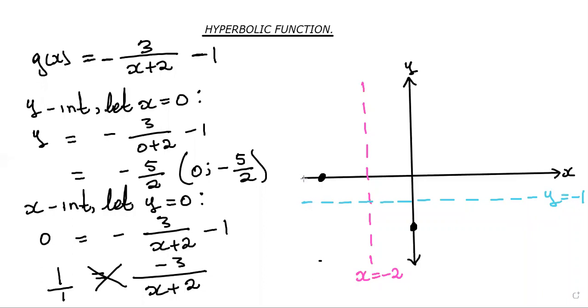So let's do that. More or less. So one thing we said is that the first arm must be in the second quadrant. And then the other arm will be in the fourth quadrant.